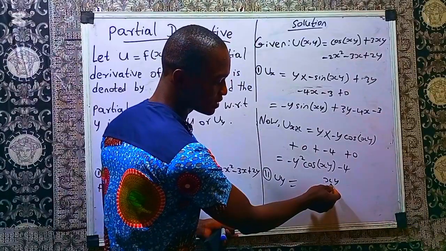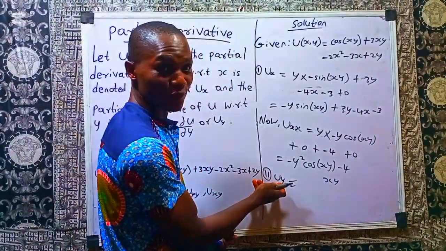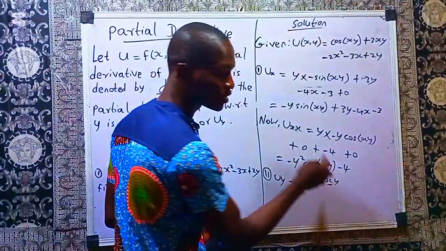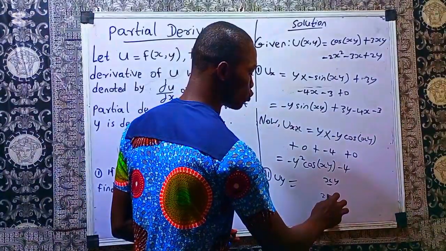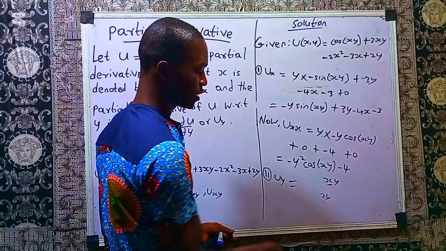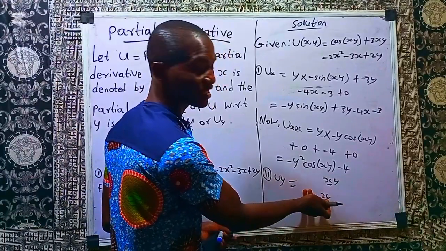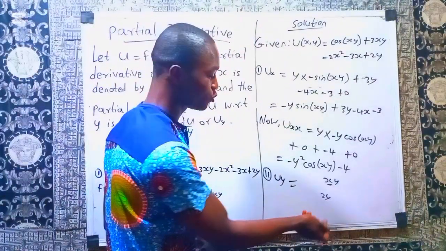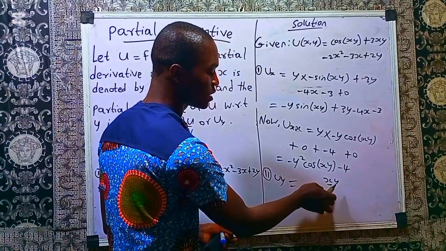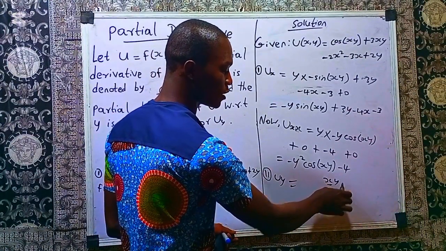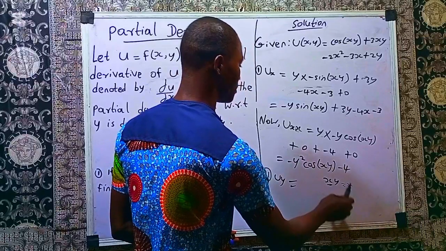This time around I'm differentiating with respect to y. I will treat x as a number, as a constant, just like you have 2y now. If you have 2y and you want to differentiate this with respect to y, you know you are going to get 2. So as we have xy and we are treating x as a constant, if you differentiate this with respect to y, you are going to get what? x.